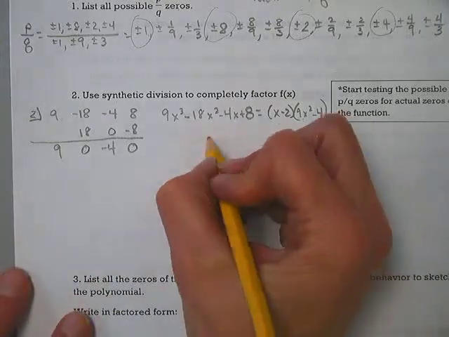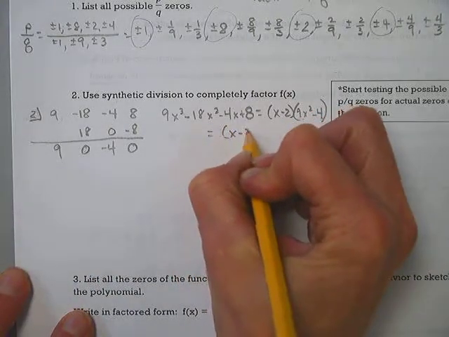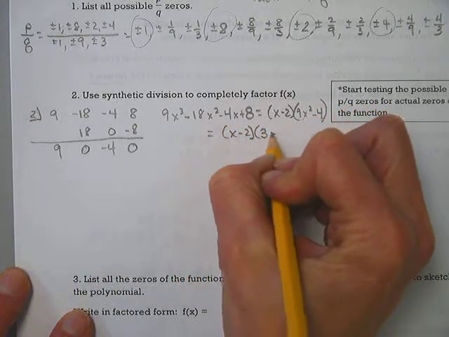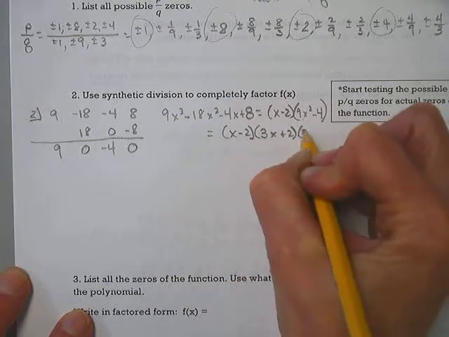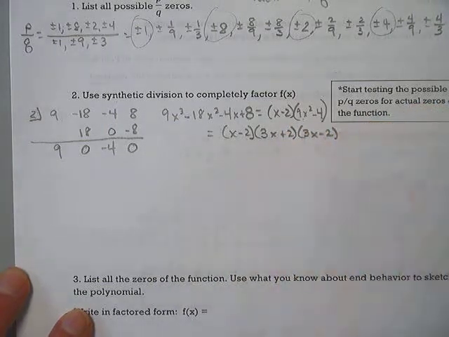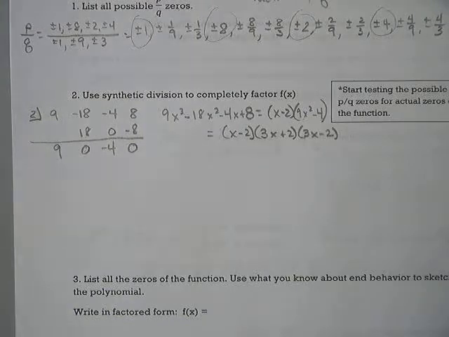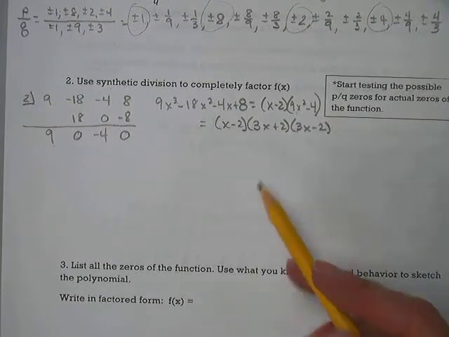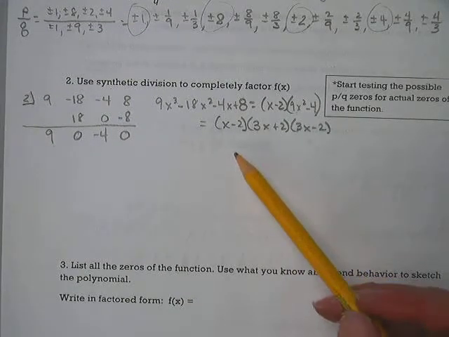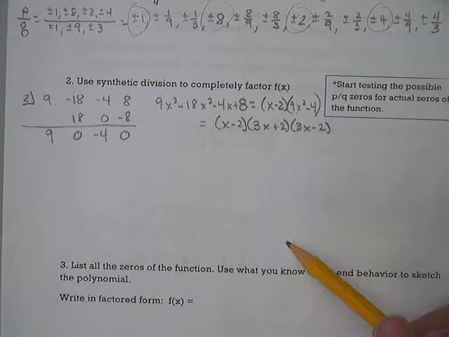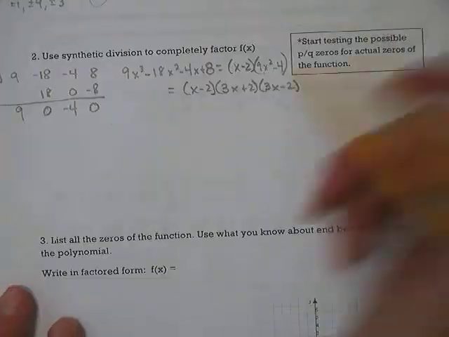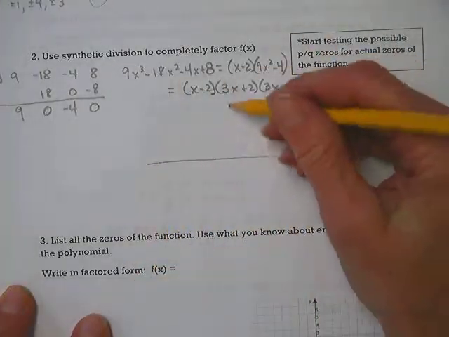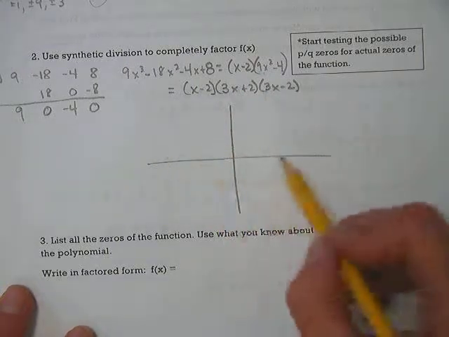I had a cube, so it'd be 9x squared, then 0, then minus 4. Is this the difference of perfect squares? Yep, that's a perfect square, that's a perfect square. It can be factored to 3x plus 2, 3x minus 2.